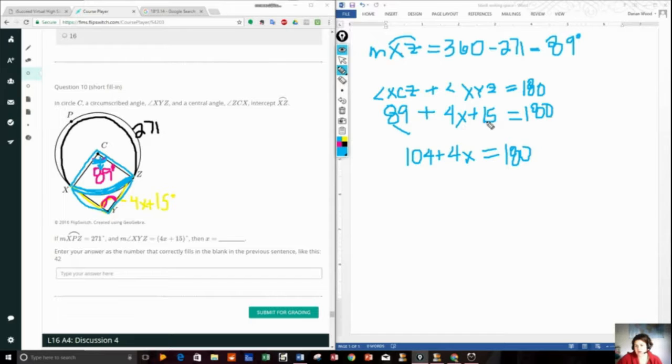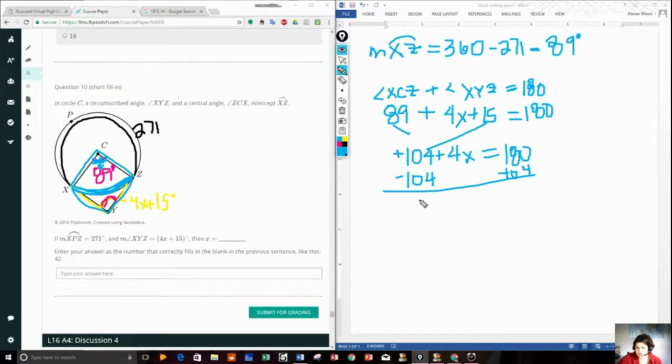Now I want to have x by itself, so I'm going to subtract the 104 from both sides. Again, if there's not a negative sign in front of the number, it's assumed to be positive. So that's how I knew to subtract it.